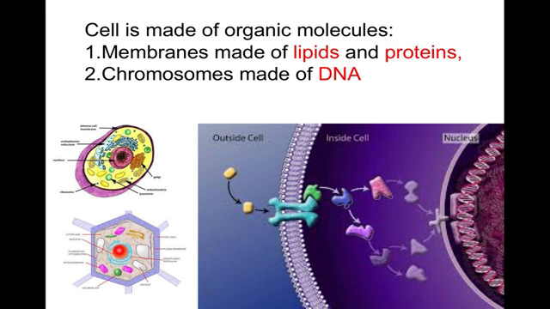In order to keep the inside contents inside and not let all the water come in and burst the cell, and the reverse is also true, with all the contents going from inside to outside, the cell membrane must be made of something which will inhibit water. So they are made of lipids. Lipids are that category of organic molecules which do not dissolve in water. So it acts as a good barrier.